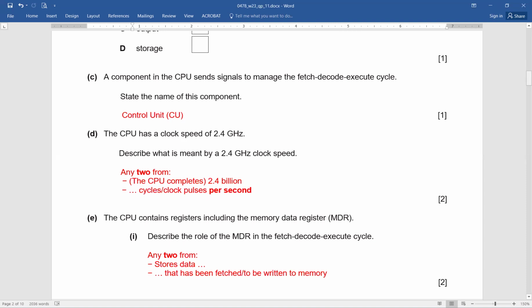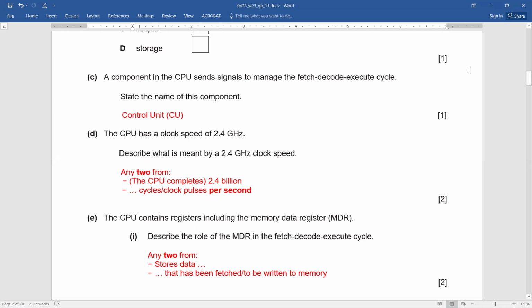Now, part E. The CPU contains registers including MAR, and including the memory data register MDR. Describe the role of MDR in the fetch, decode, execute cycle. So what is MDR doing? It stores data. As the name implies, MDR is for storing the data.